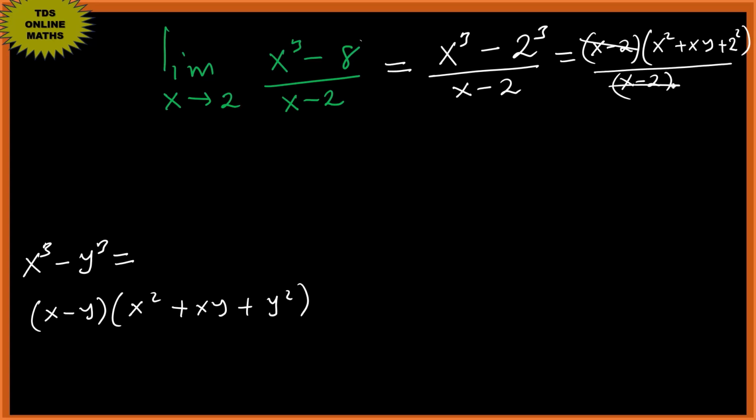So we can do our cancellation, which will be left with x squared. Now remember, here this side is 2, so it's 2x. My y is 2, so 2x. So we have x squared plus 2x plus 4.